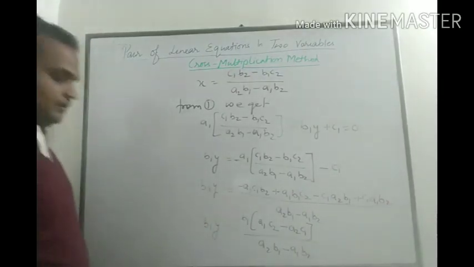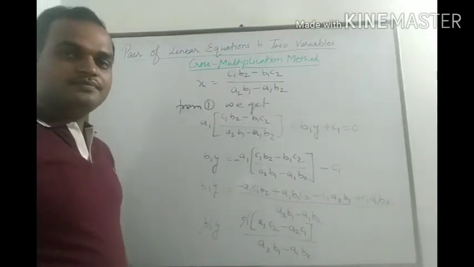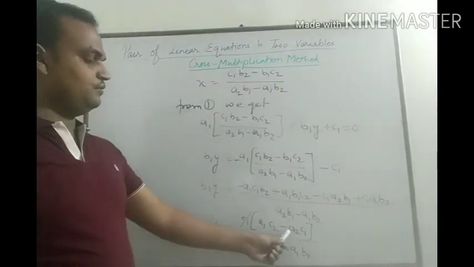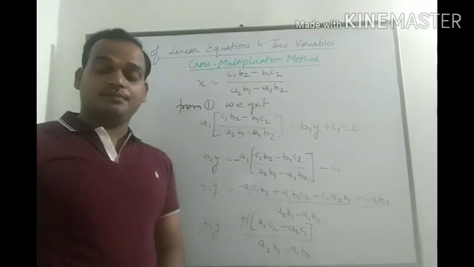We will remove b1 from both sides by dividing, and we get y equals a1 c2 minus a2 c1 upon a2 b1 minus a1 b2.